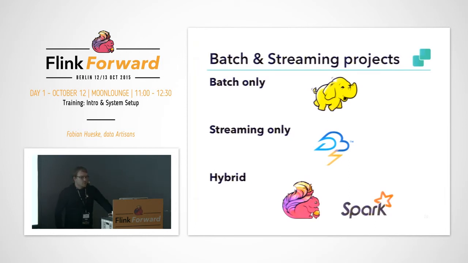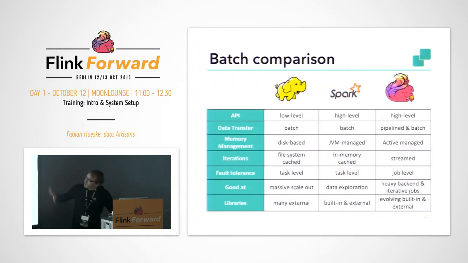There is also Storm, which is a streaming-only system, and there are two representatives of the hybrid, which can do both stream and batch processing, which are Spark and Flink. I won't go through all the details here in the table, because I think it's not so interesting to just read them cell by cell.